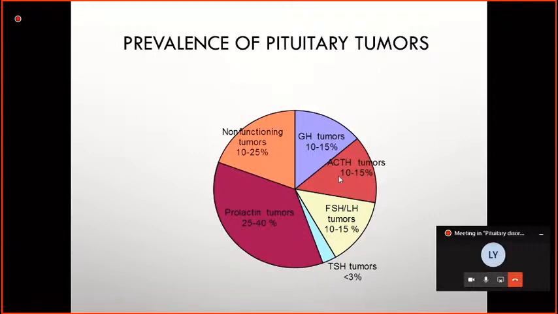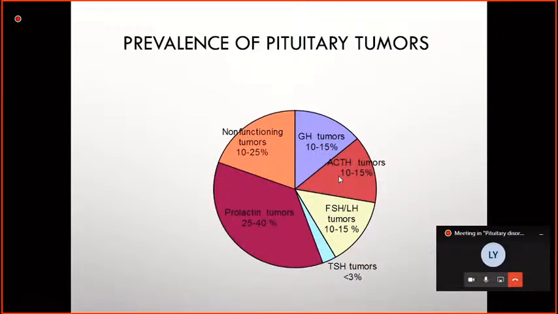Other tumors are actually quite rare. So the most common are basically prolactinoma, then growth hormone secreting tumor, acromegaly, and ACTH secreting tumors causing what disorder? Cushing syndrome. Yeah, it's Cushing's disease actually.